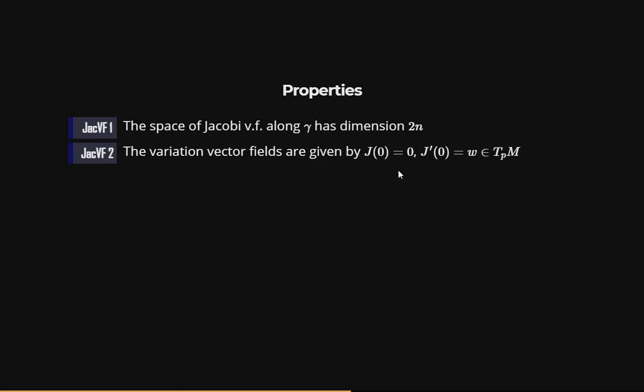So the variation vectors are just the n-dimensional subspace of Jacobi vector fields which start with 0 at the beginning. The Jacobi vector field at t is the differential of exp on the tangent space at P calculated at the point TV applied to the vector TW with V, the direction of your geodesics.